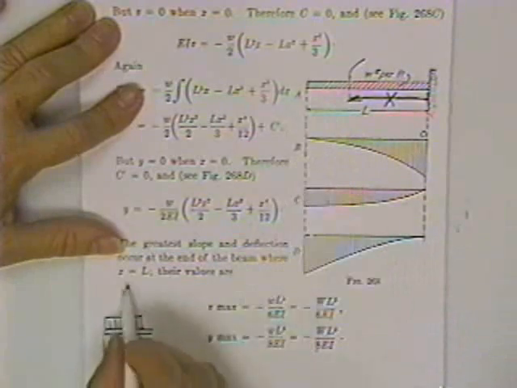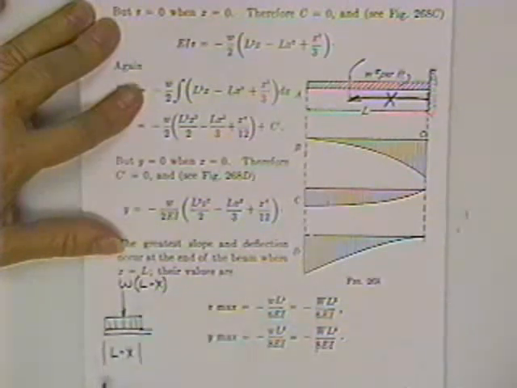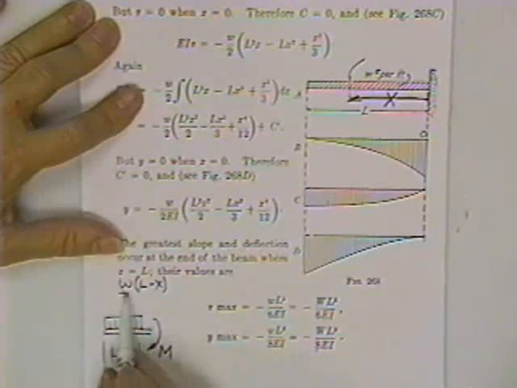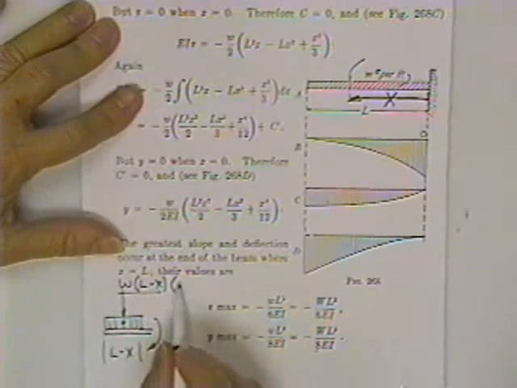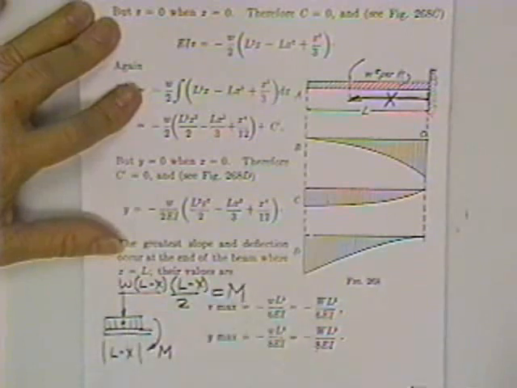So the load is W, that's the height, times the base is L minus X, that's the load. If you want to know how much moment there is, you multiply the load times the distance to the centroid. Well, that would be another L minus X over 2 to get to the centroid. So there's your bending moment.